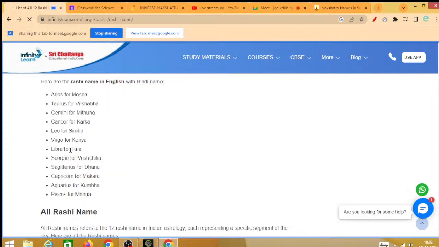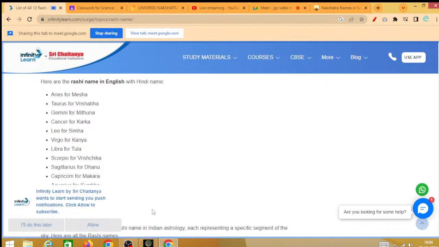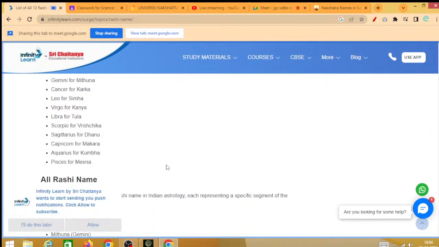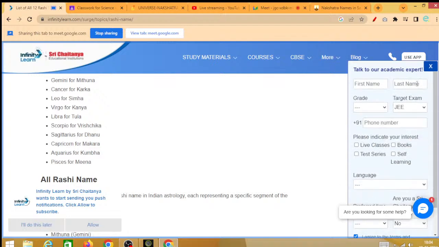We call Khekda Cancer in English. Two fish is called Pisces. It is called Meen, because Meen in Hindi is fish only.